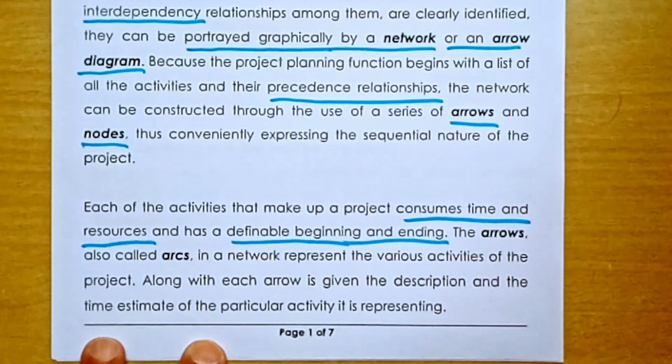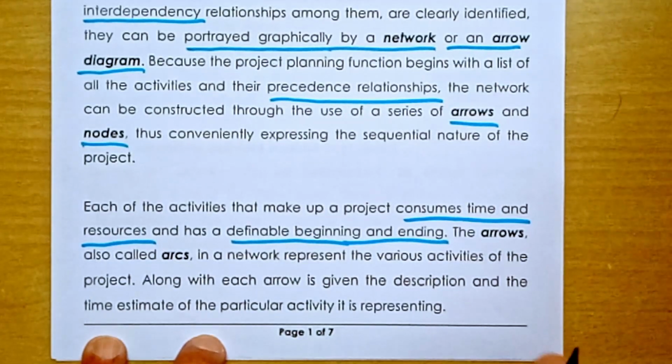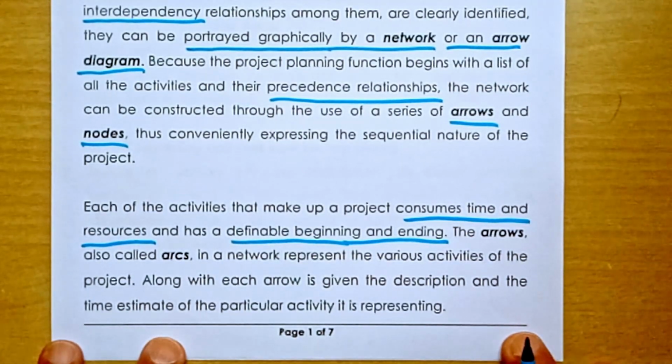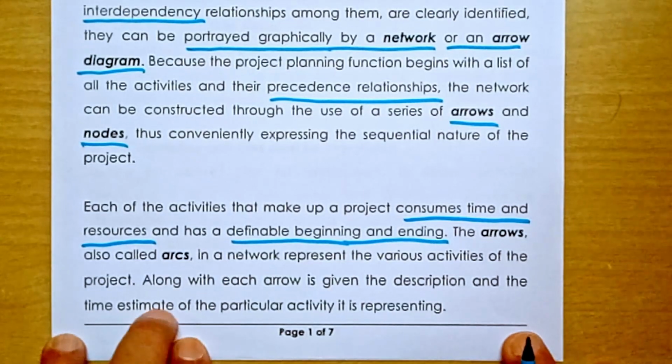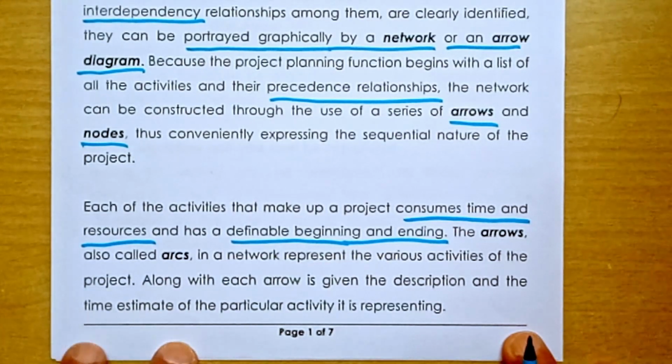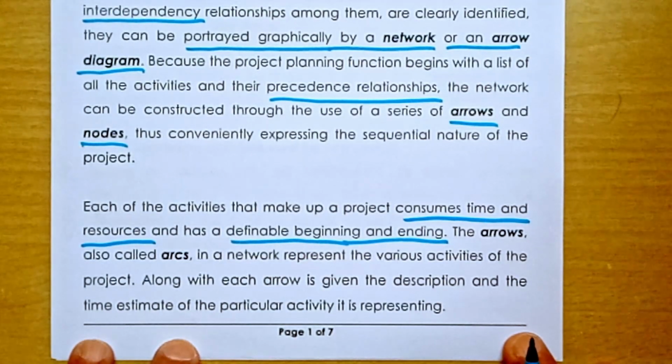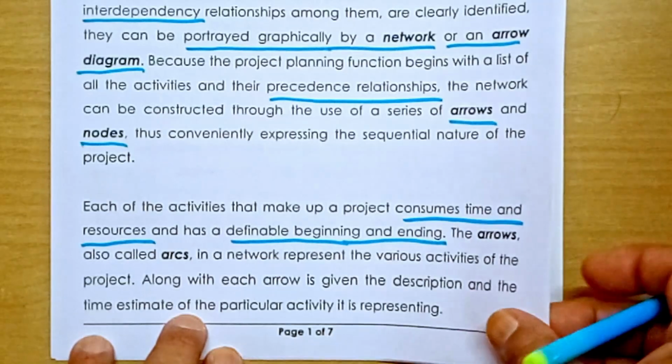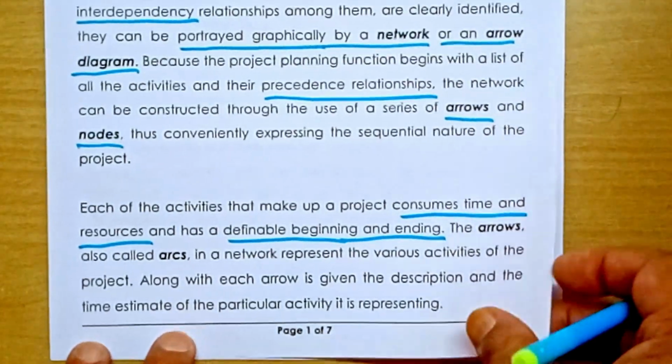That should be your network diagram showing the starting time and finishing time. The arrows, also called arcs in a network, represent the various activities of the project, we have understood. Along with each arrow is given the description and the time estimate of the particular activity it is representing. So we'll see this now.